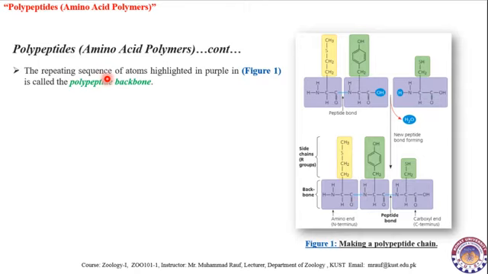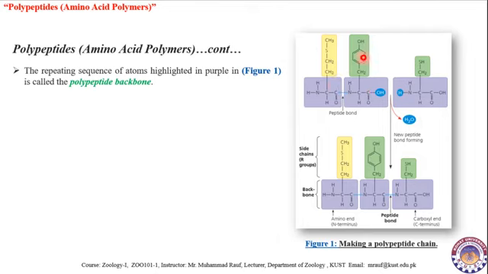The repeating sequence of atoms highlighted in purple in figure 1 is called the polypeptide backbone. So this is the polypeptide backbone.